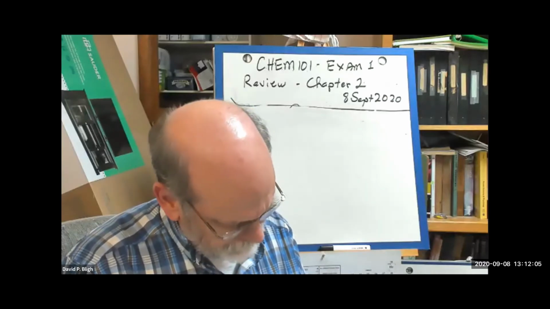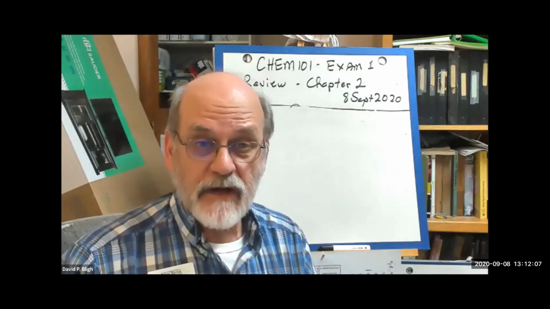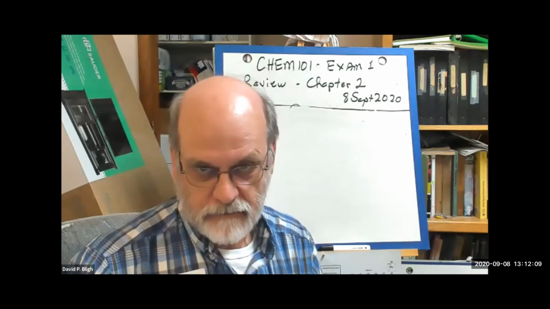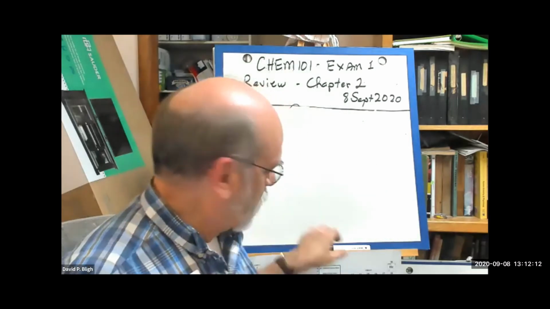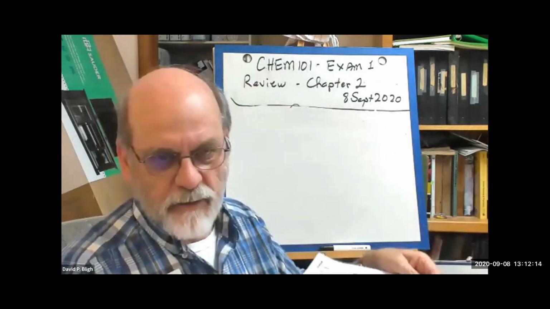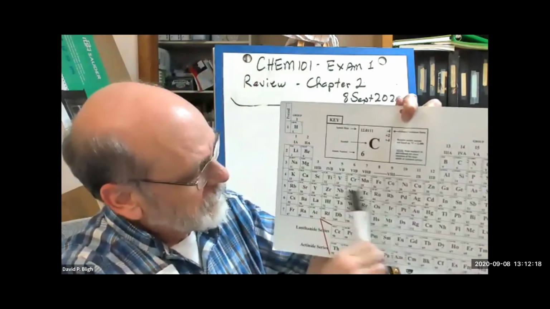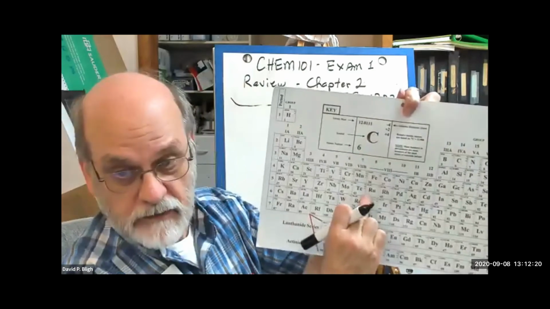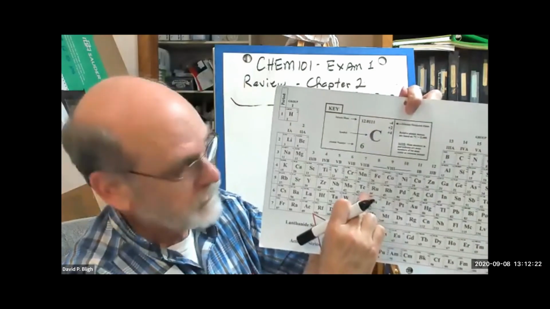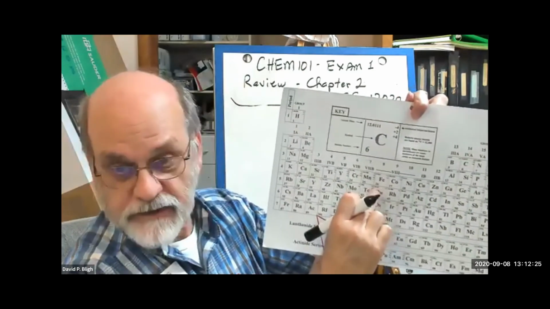The difference between mass number and atomic mass. I'll just allude to that now, but it's not part of this chapter. These numbers up here, these are the atomic numbers at the bottom left-hand corner, and then up above them is another number.